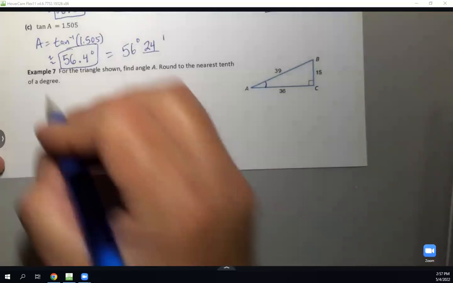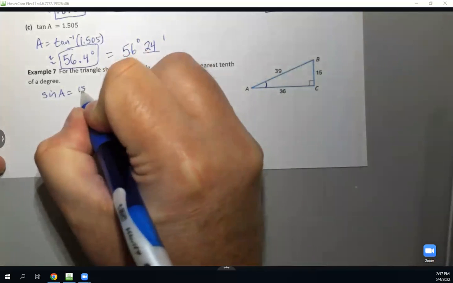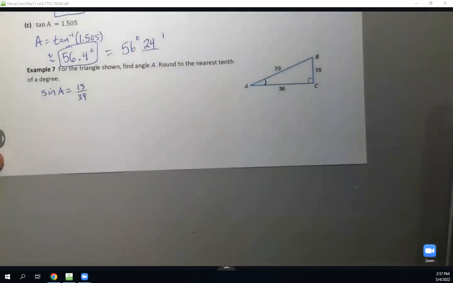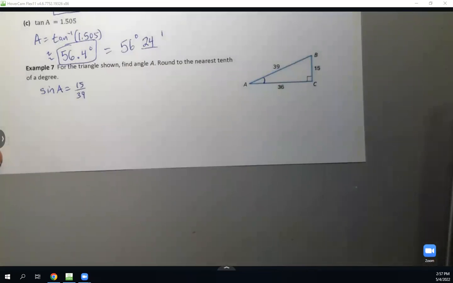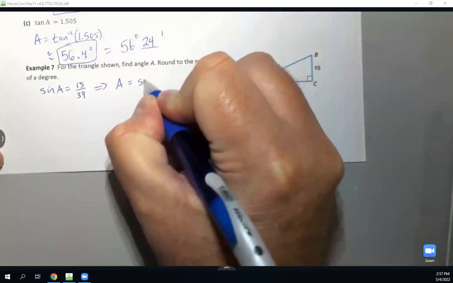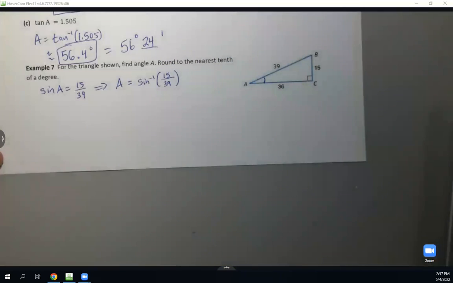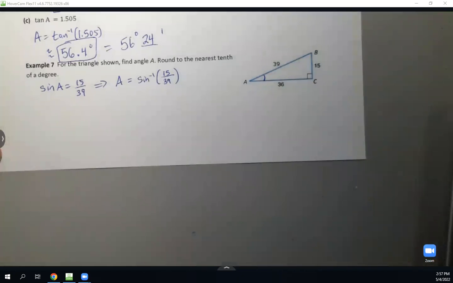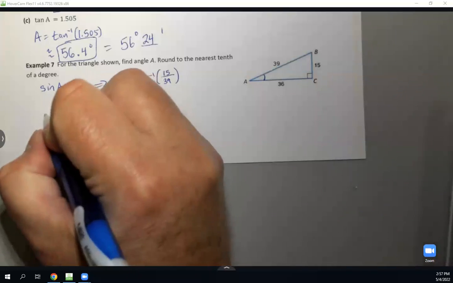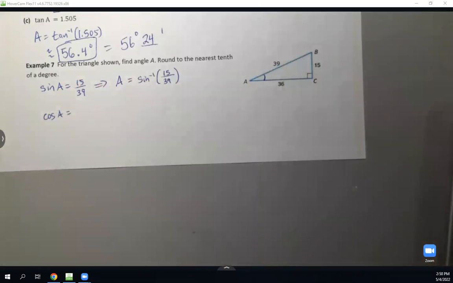So like, for example, if I use sine, the sine of A would be 15 over 39. Does that make sense? And if that's the case, then that means angle A would be the inverse sine of whatever 15 over 39 is. And I'll figure that out in just a minute, okay? But if you prefer cosine, well, you could say the cosine of A would be the adjacent 36 over 39.